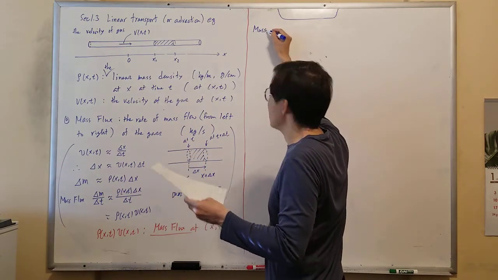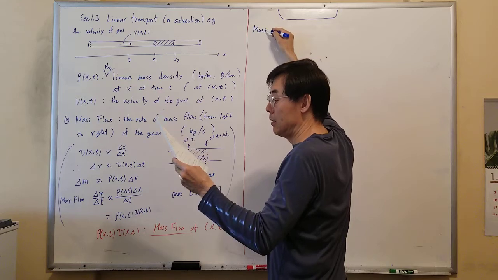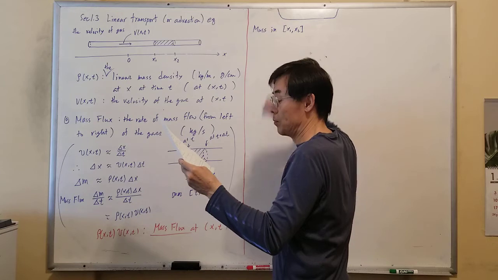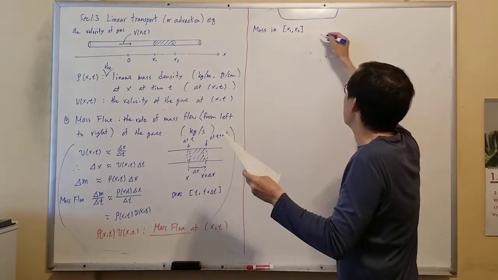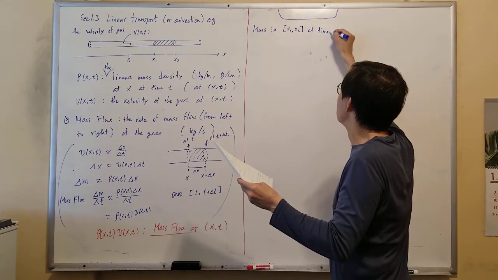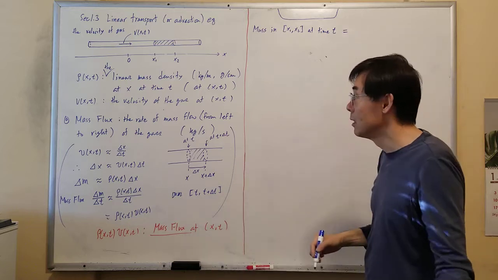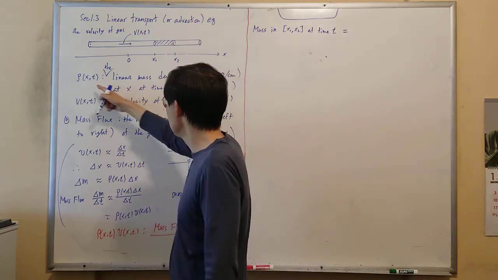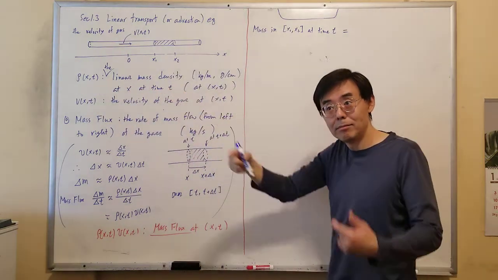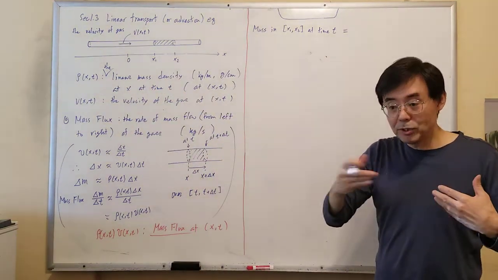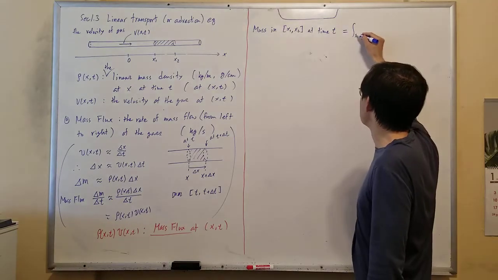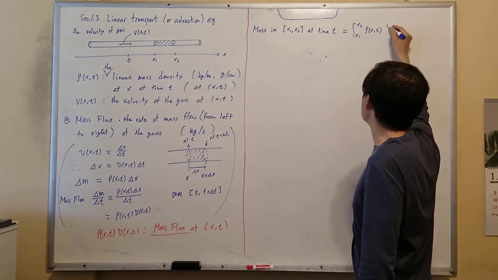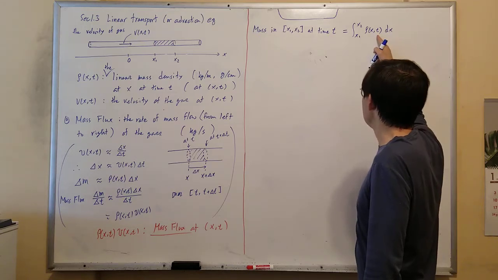So the mass in this section x1 to x2 at time t will be, when you're given linear mass density, the integration of mass density with respect to position, dx, will be your total mass at any given time. t is fixed.